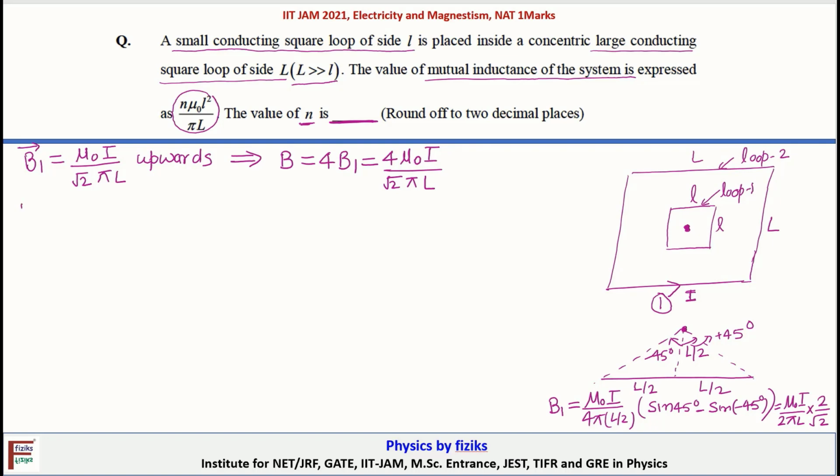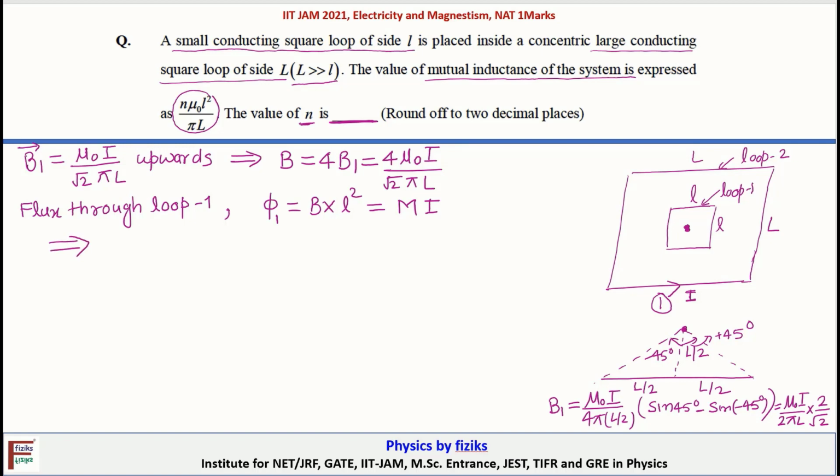Now, flux through loop 1. What will be the flux through loop 1? That flux is phi 1, that is B into small l square, and that is given by M into I. I is the current in loop 2 and M is the proportionality constant, that is mutual inductance.